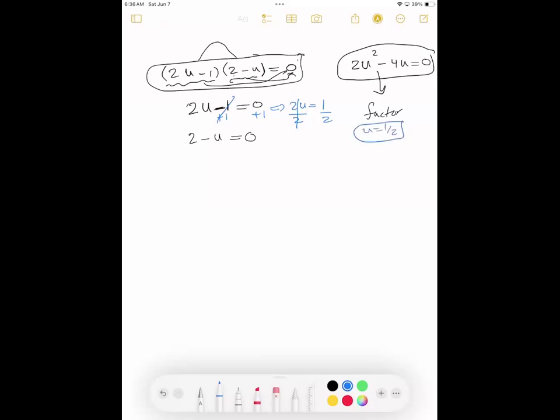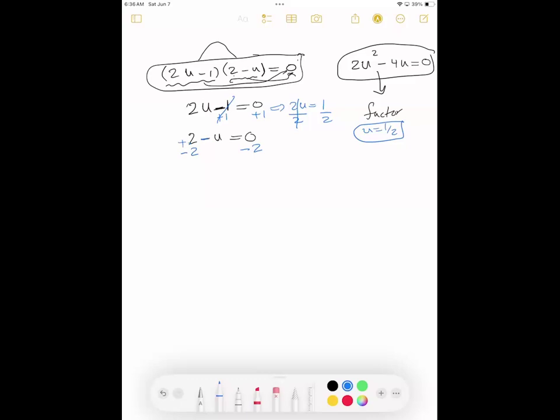To solve this one, do you see we have a 2 here, and a negative belongs to u. 2 has a positive sign. So we want to get rid of that positive 2. We subtract 2 from both sides. That negative, don't let that negative confuse you. That negative belongs to u.